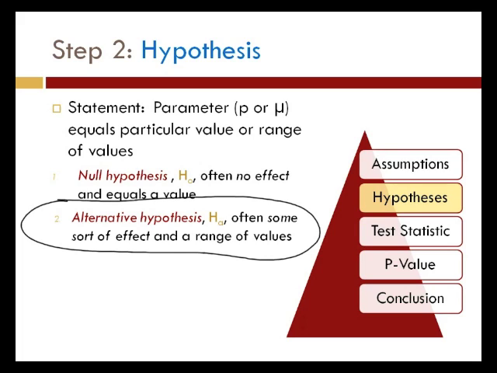And the reason for that is the null always says that the mean is exactly equal to something, or that the population proportion is exactly equal to something. And it's difficult, really impossible, to prove without 100% of your data that anything is exactly equal.